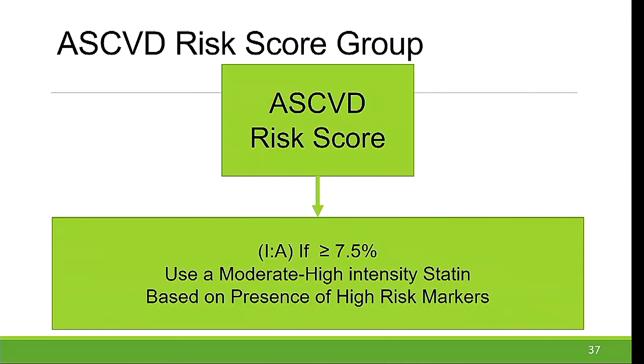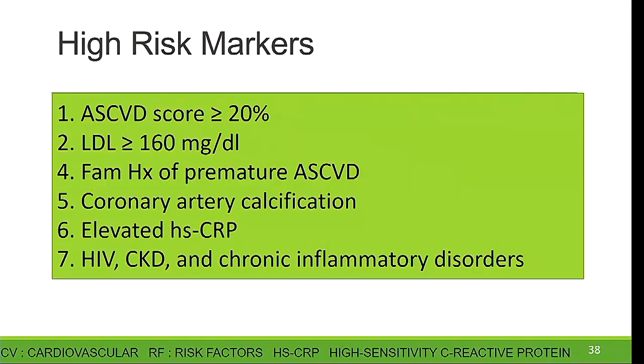For these patients, this is a 1A level of evidence, which means we should do it. If their ASCVD risk score is over 7.5%, we look at the presence of high-risk markers to determine if they get a moderate or high-intensity statin. These high-risk markers are right here: ASCVD risk score over 20%, LDL over 160, family history of premature ASCVD, coronary artery calcification, which is another interesting thing to say that I slip up on, and elevated high-sensitivity C-reactive protein, which is a biomarker for inflammation.